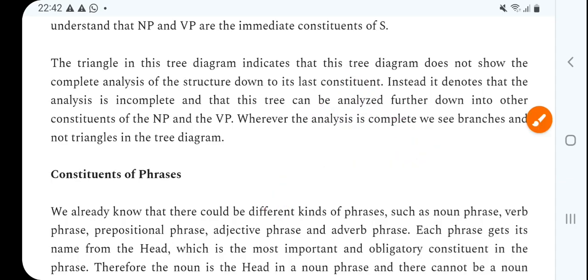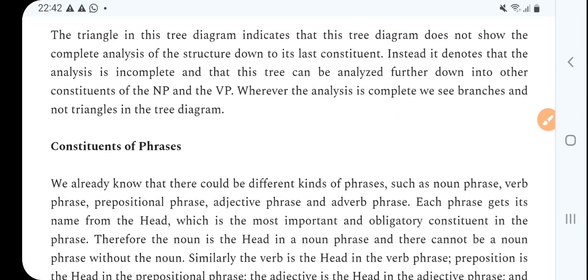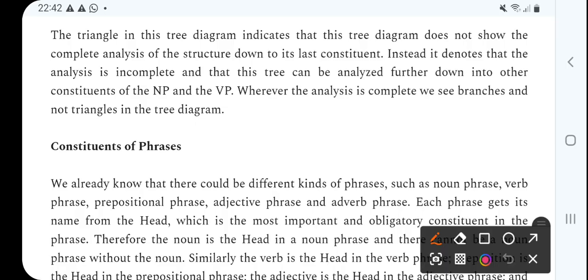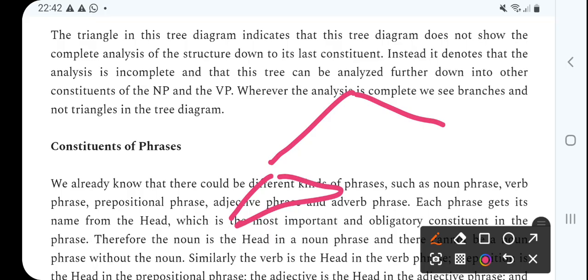Now the triangle in this tree diagram indicates that the tree diagram does not show the complete analysis of the structure down to its last constituents. Right now I cannot give you an example, but sometimes you will find this kind of structure.